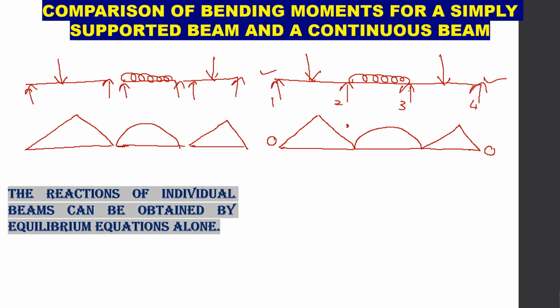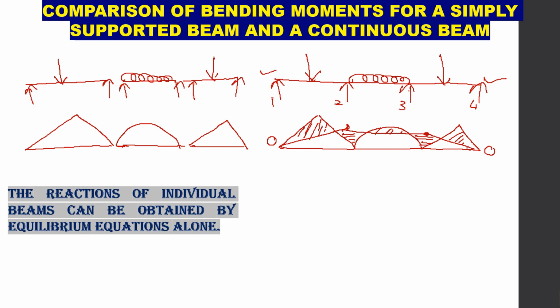So that moment will be a negative moment. When you are drawing the bending moment diagram, you will have negative bending moment at the intermediate supports and positive bending moment at the other places.